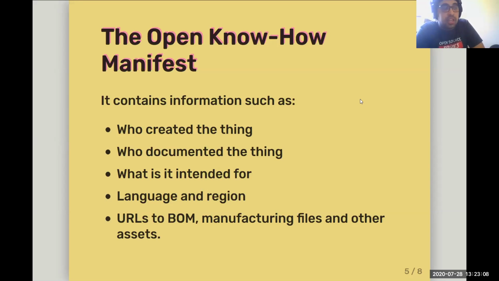So that comes on the line of where was this created? And from this, you can also think about what were the rationales behind creating something. And then the URLs in a more structured way to bill of materials, manufacturing files, also safety files and other assets that can be useful for manufacturing.